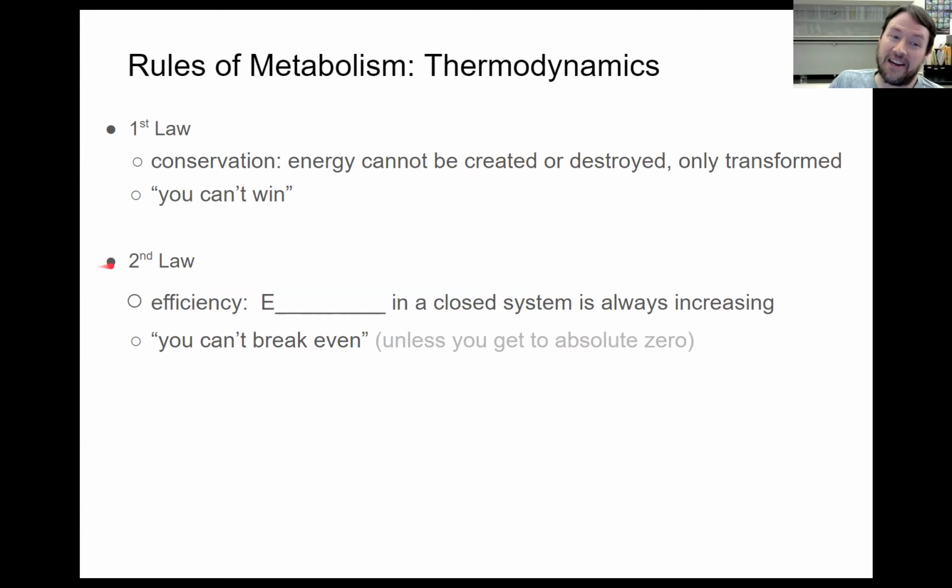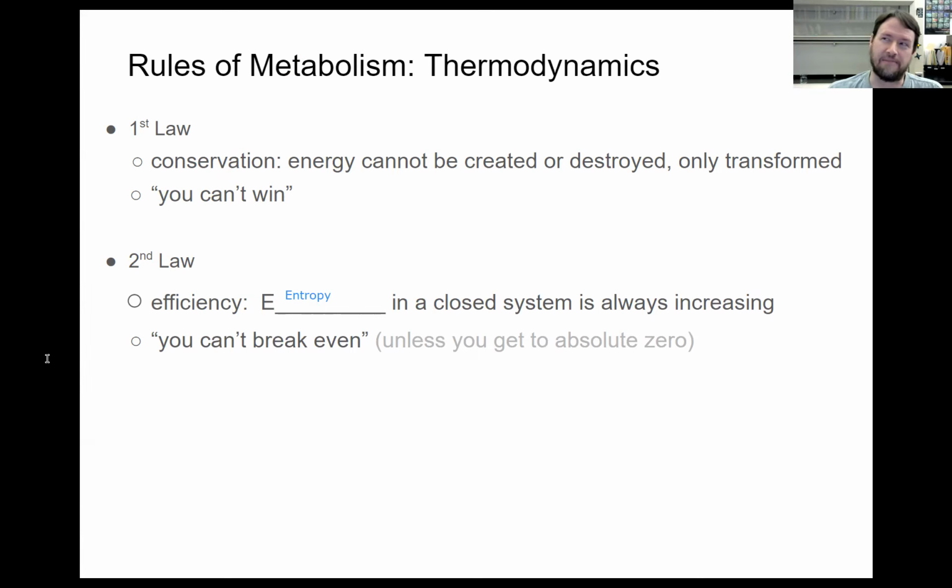The second law of thermodynamics concerns efficiency. There are a couple of different ways to state this, but the technical term that we are going to use is that the entropy in a closed system is always increasing. If no energy can get in or out and no molecules can get in or out, the disorder, the random motion, the chaos of a closed system is always going to increase.